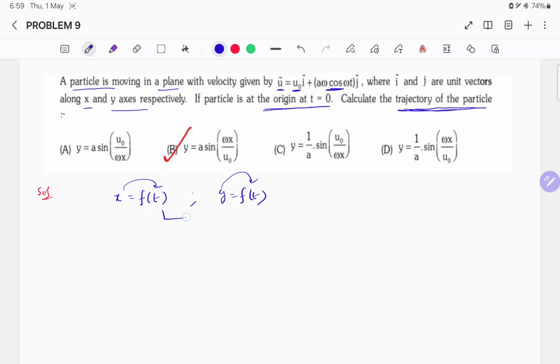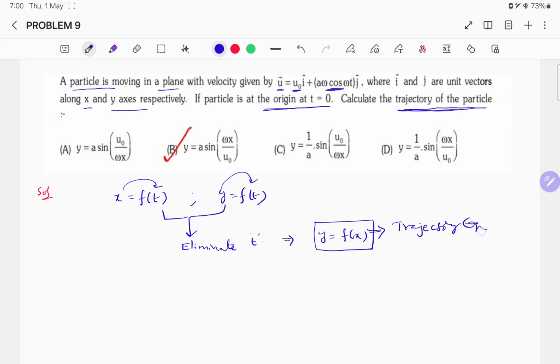Then from these two, try to eliminate t. If you eliminate t, then you end up with the relation between y and x as y is equal to a function of x. This y as a function of x we call the trajectory equation. By following this method one can get it easily.